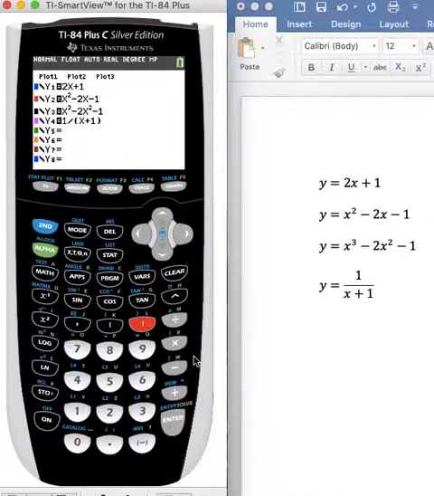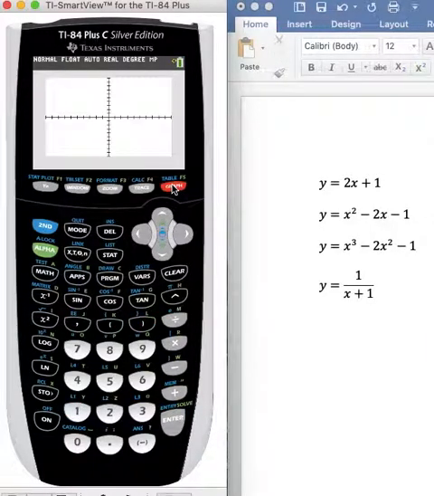Close brackets. Okay, and there are my 4 graphs. So that's entering a graph.